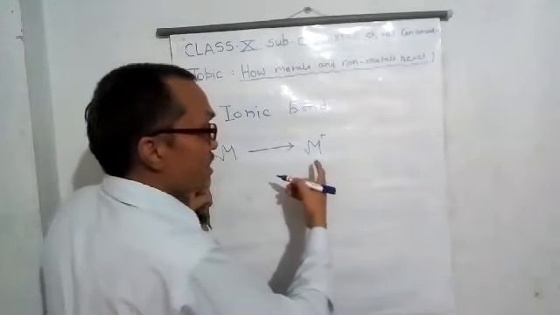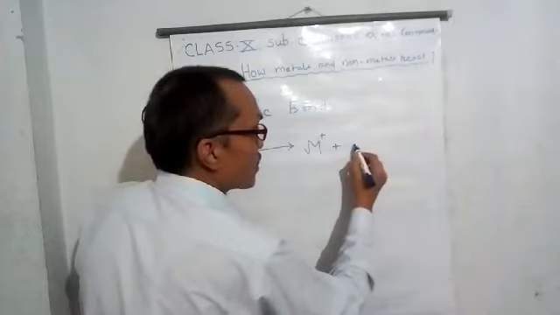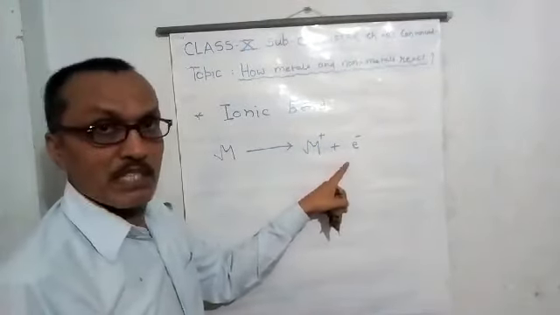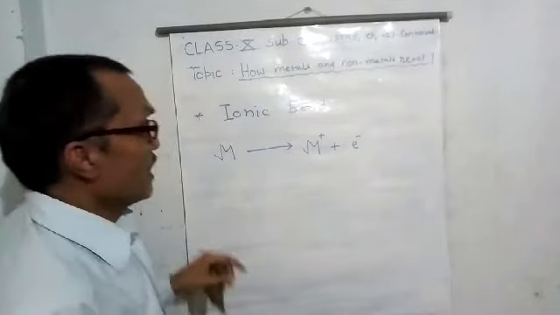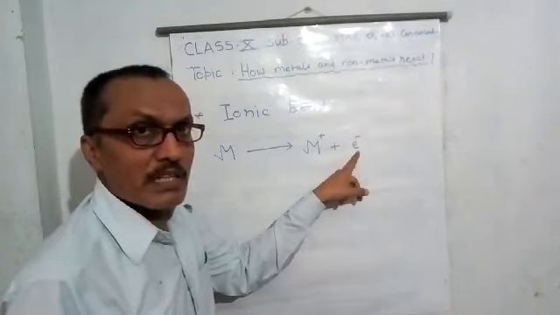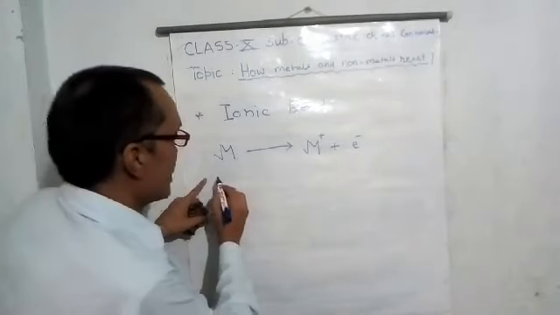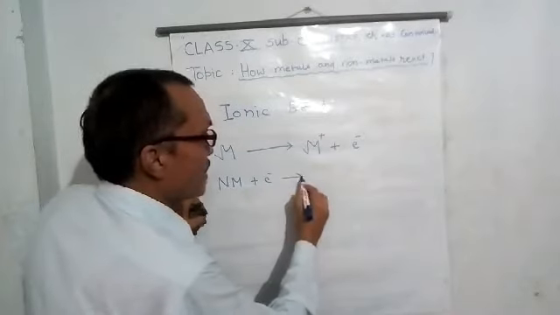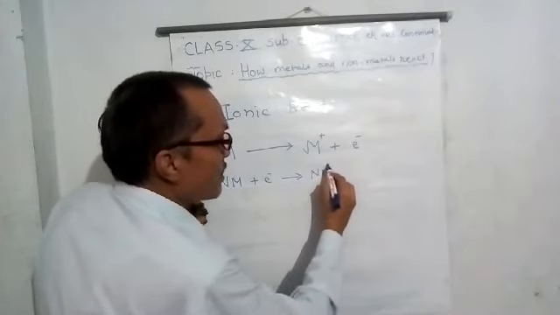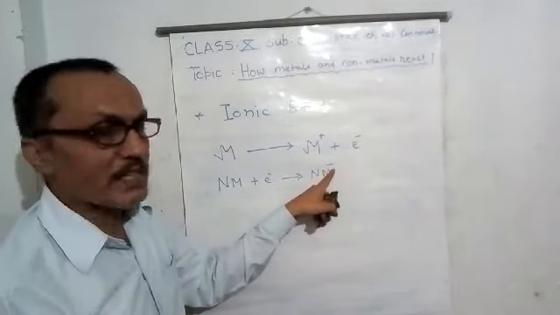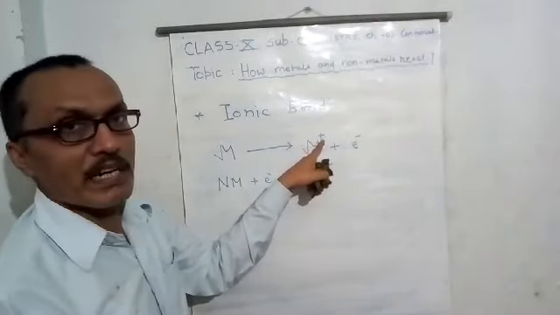Suppose it is losing one electron, so you can show it in this way. Now that lost electron is gained by a nonmetal, and this forms a negative ion, a non-metallic ion, and this is the metallic ion.